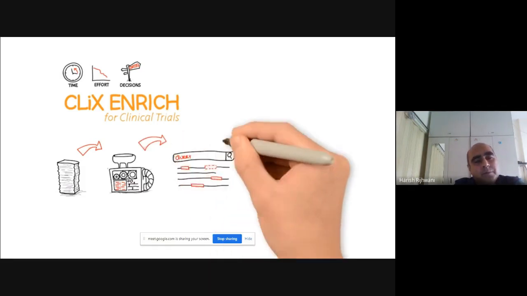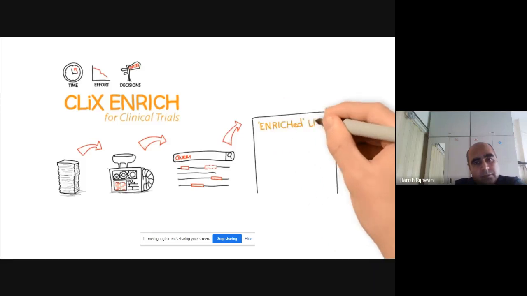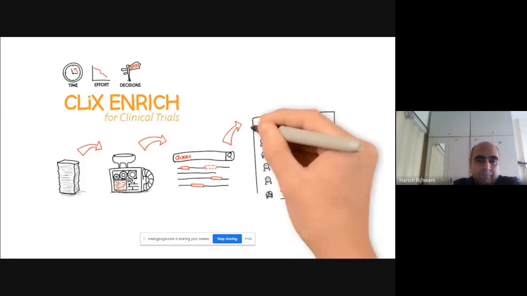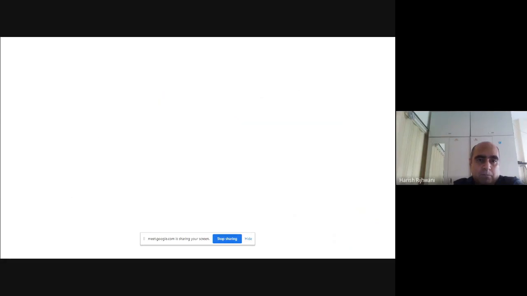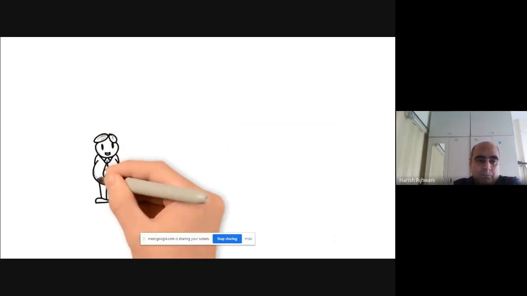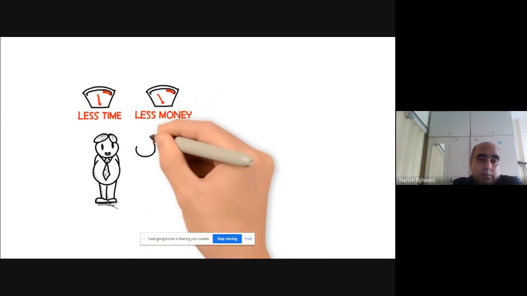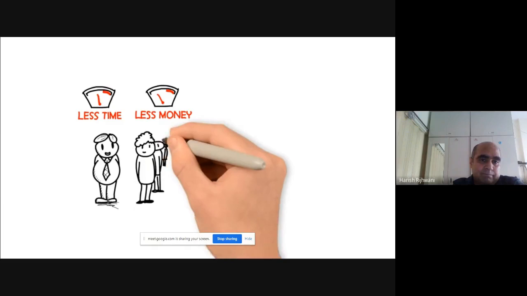In other words, investigators get fast access to a high-quality cohort of potential recruitment candidates to enroll in a fraction of the time. By using Clicks Enrich, Steve has the data he needs to predict whether or not he's able to carry out the trial on time and within budget before he commits.